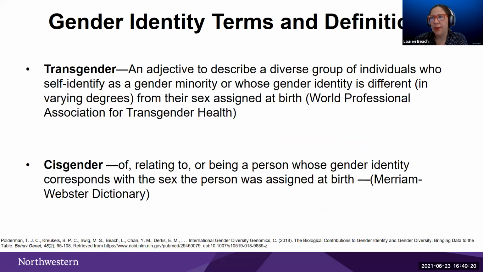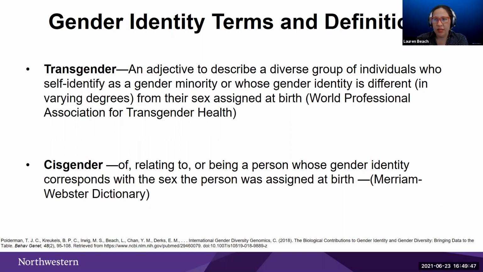So if you're looking for a citation that you want to put in a paper, you could use this. More gender-related terms: transgender and cisgender are important concepts and definitions here. Transgender is defined as an adjective. It's not a noun. People aren't transgenders. It's an adjective to describe a diverse group of individuals who self-identify as a gender minority or whose gender identity is different in varying degrees from their sex assigned at birth.